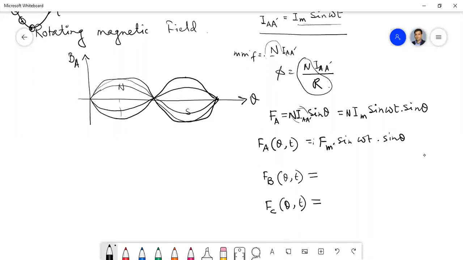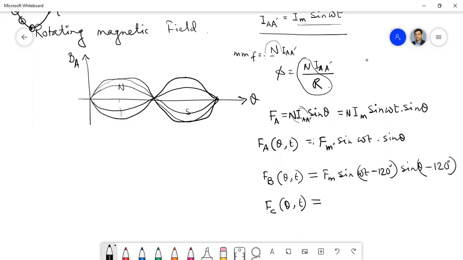Sir, B should be Fm sine omega t minus 120 degree, multiplied by sine theta minus 120 degree.